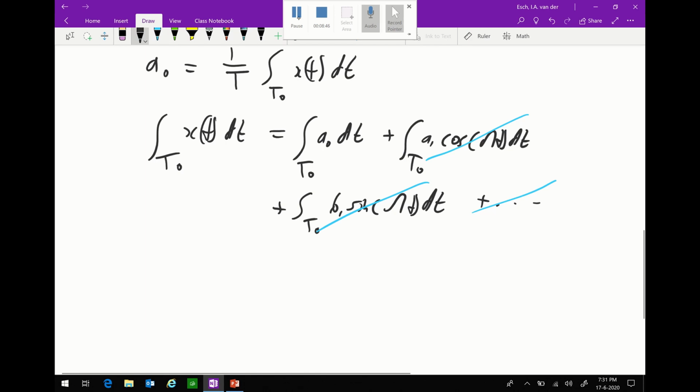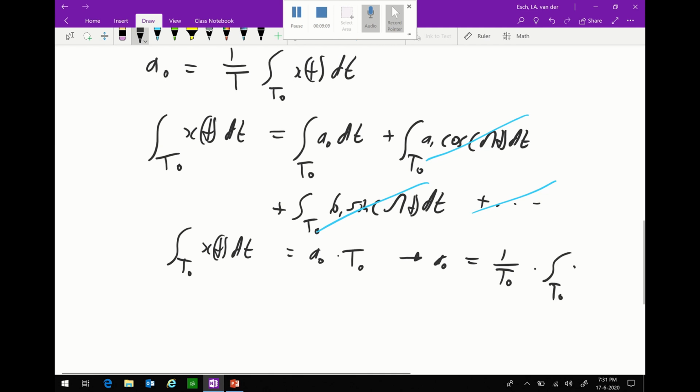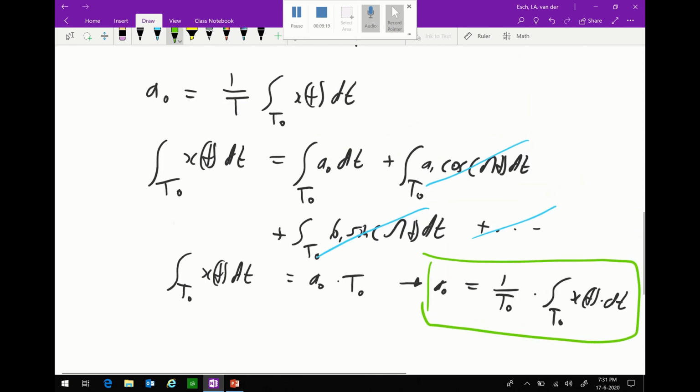So what do we have then? We then have the integral of x(t) over one period is equal to a naught times T naught. So a naught is 1 over T naught times the integral over T naught of x(t) dt. So this is our first coefficient. We proved it now in a more mathematically correct sense.